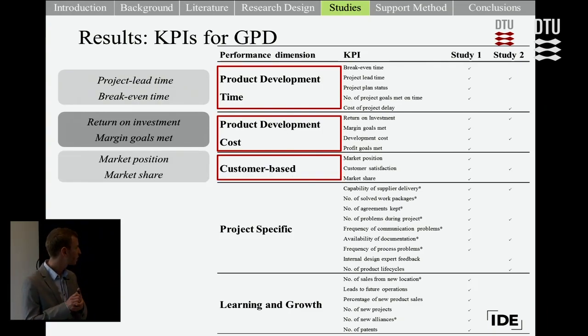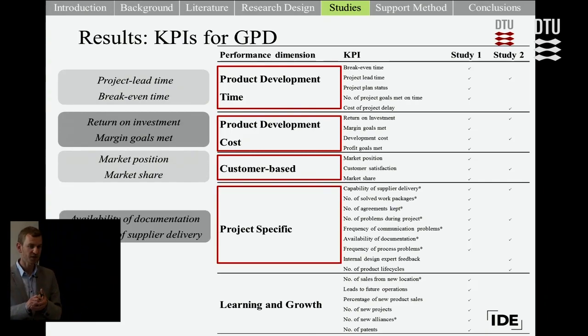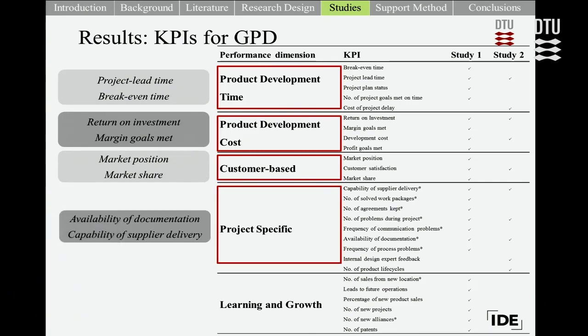And then we have the higher customer-based metrics, which focus on measuring the market position and also the market share. And then more specific project-related KPIs, which we observed during the GPD project, such as availability of documentation, and then the capability for the supplier to deliver on time, for example.